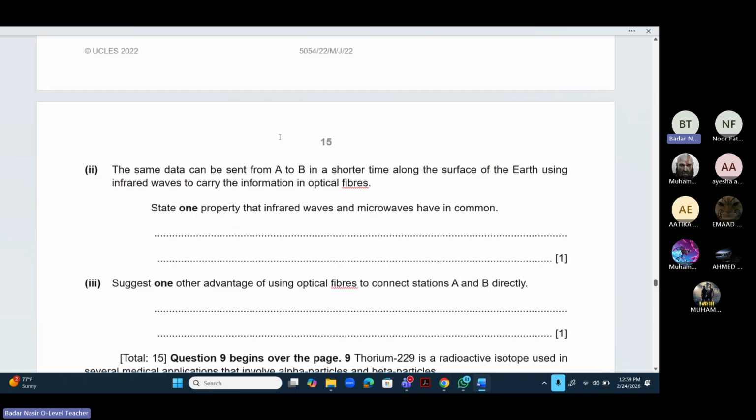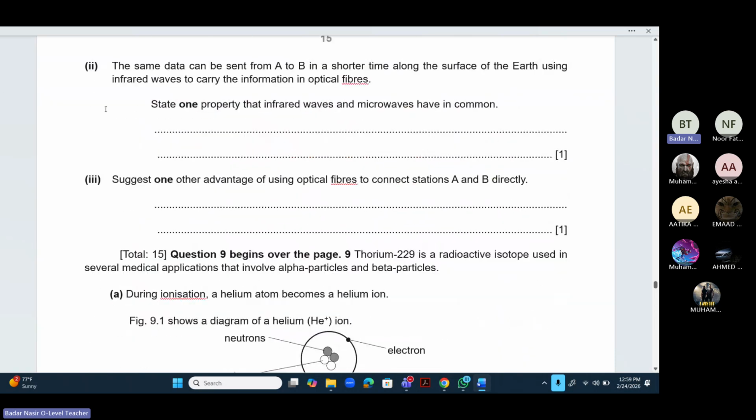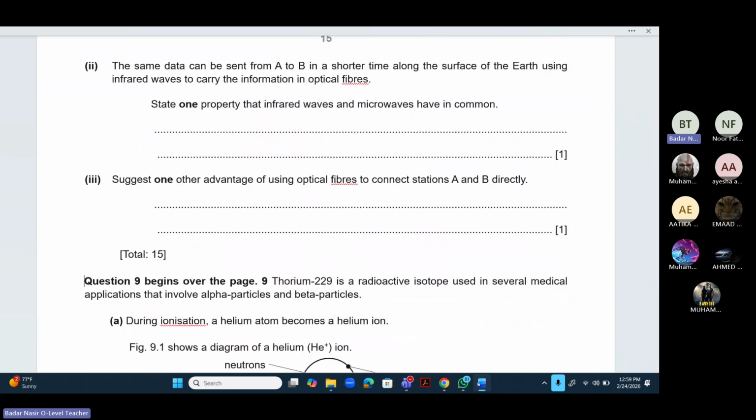Okay, and in the next part, the same data can be sent from A to B in a shorter time along the surface of the earth using infrared waves to carry the information in optical fibers. State one property that infrared waves and microwaves have in common. ठीक है?